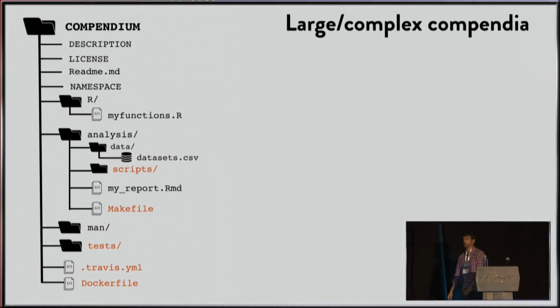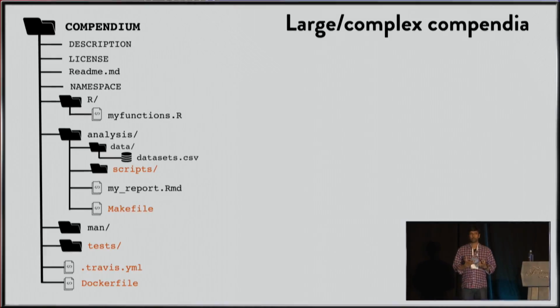But for a lot of you, your actual real-world long-term research project is going to be far more complex. So in this case, you have taken all of your functions and moved those out into a separate package, except for a few that are critical only to this project. But the new elements that you'll start to see are that you have issues with keeping track of all of the outputs that you have to generate, all of the scripts that you have to deal with.